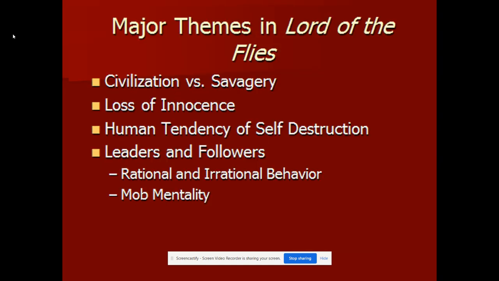Okay, what are the major themes of Lord of the Flies? Civilization, what it means to have rules and order, versus what Golding calls savagery, or every man for himself, basically. Because it's a story about young children, this is going to be about the loss of innocence. When they first get to the island, they think it's wonderful.